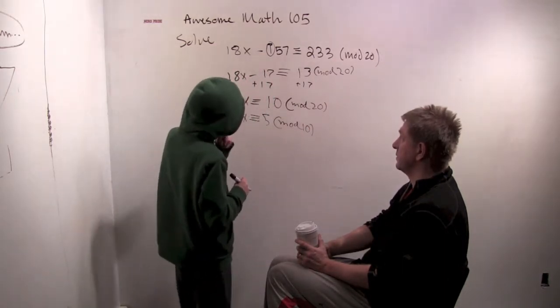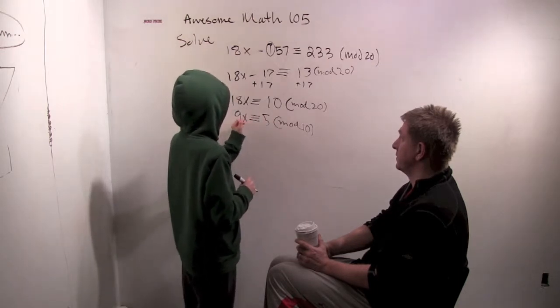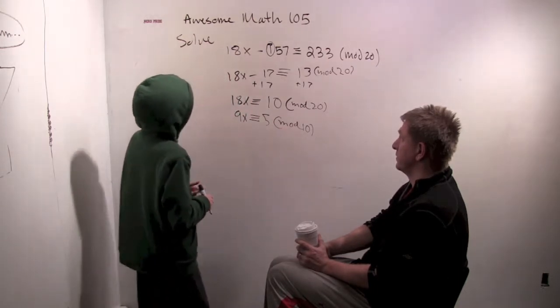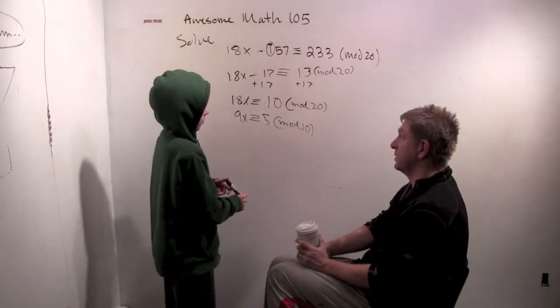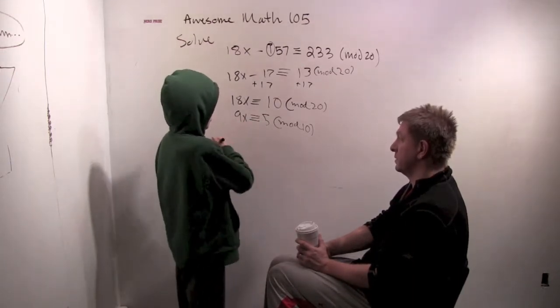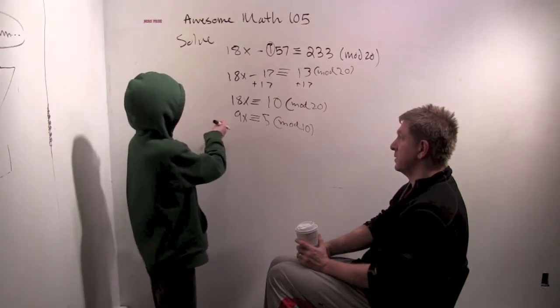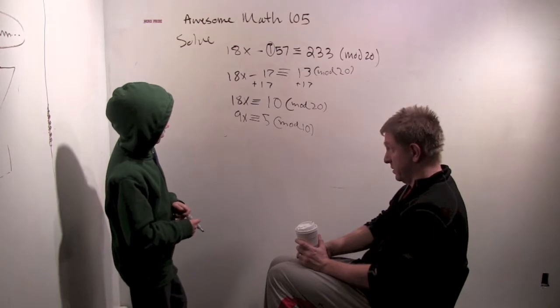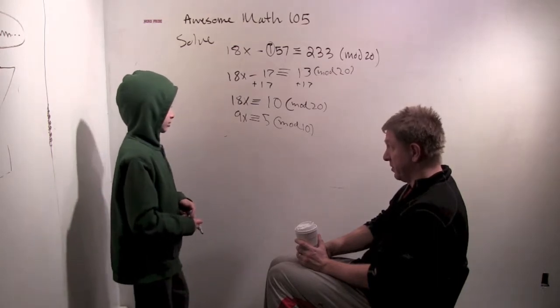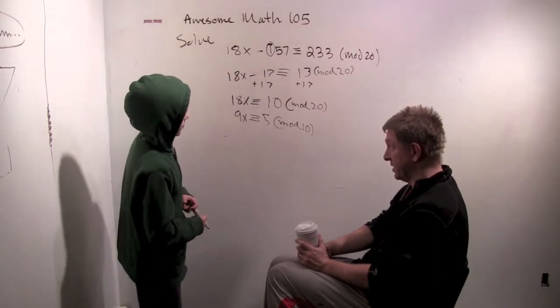And now we're going to have an inverse, and that inverse is itself, because 9 is actually minus 1 mod 10, and minus 1 times minus 1 is 1. Interesting. We can use that rule. So we multiply by 9 inverse, but 9 inverse is 9.